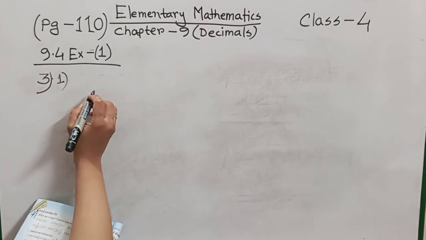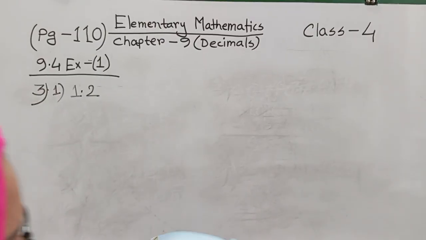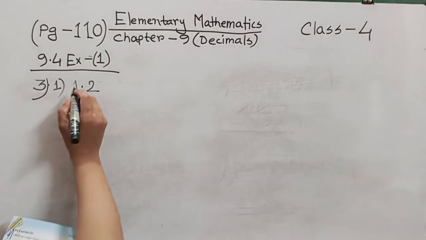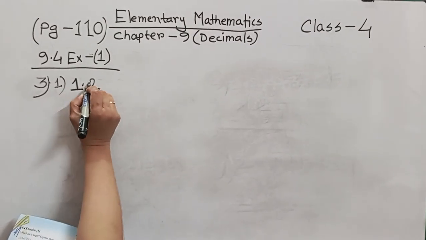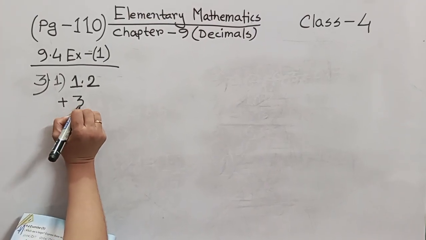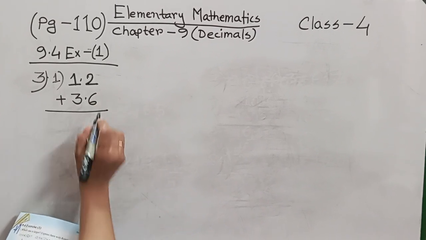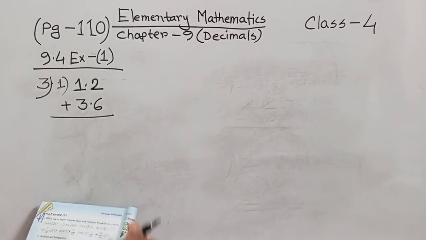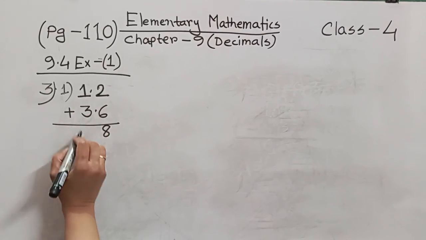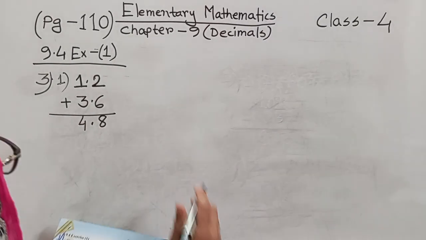The first math of question number 3 is 1.2 plus 3.6. So here we have to do addition. 2 plus 6, 8. 1 plus 3, 4. And the decimal point will be in the same place.